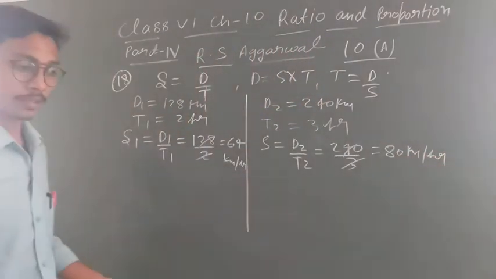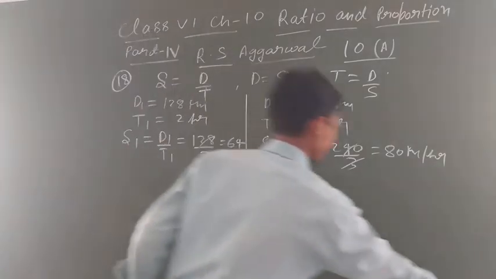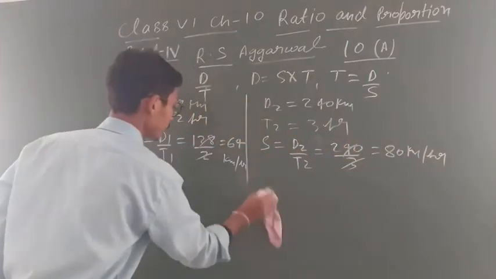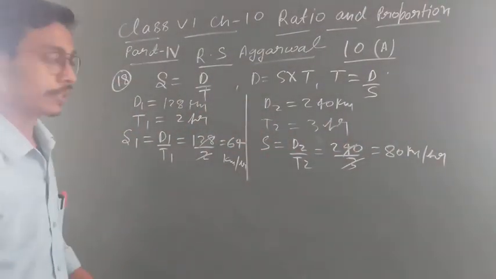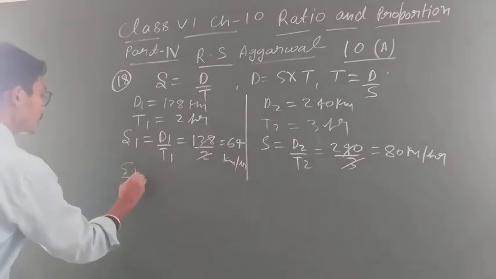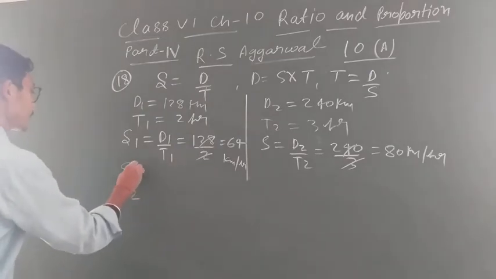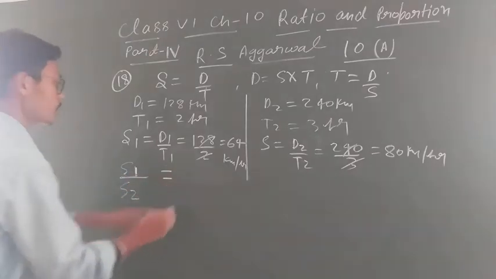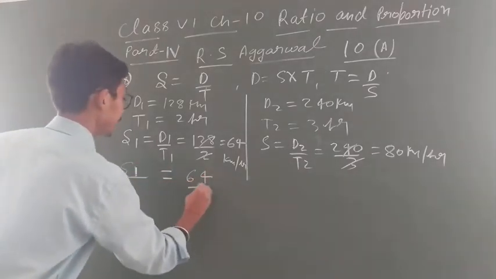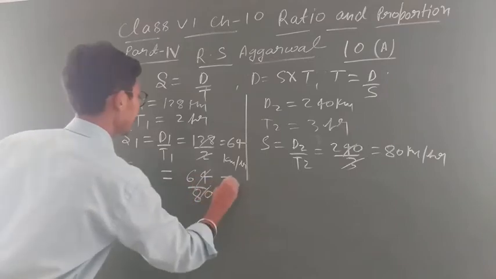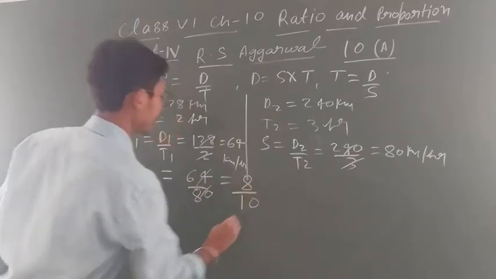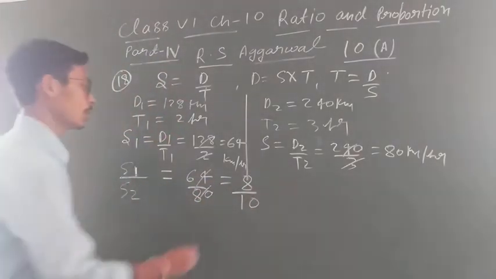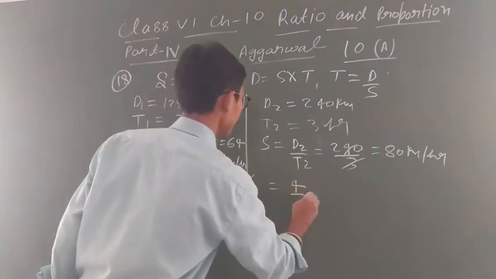But in the question, you have to find out the ratio of these two speeds. How will we do it, son? See, you will write down S1 upon S2. S1 is the first speed, S2 is the second speed. So S1 is 64, S2 is 80. You will write 64 upon 80. Further you can reduce, 2 4 8, 2 5 10.